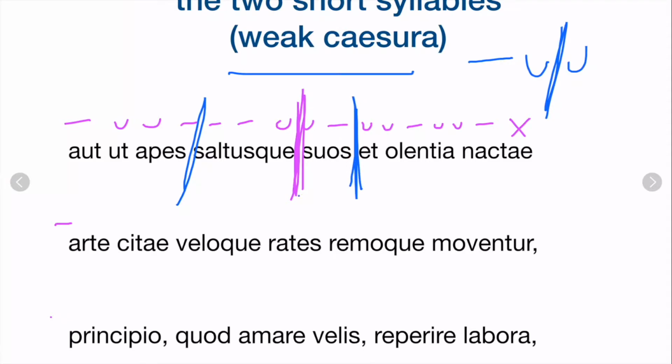So we have a weak caesura after 5.5 in the third foot, but I think these two are actually the main caesurae. After 3, so they're in the second foot, and after 7, right, they're in the fourth foot.